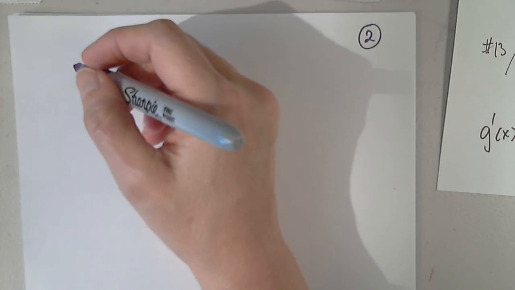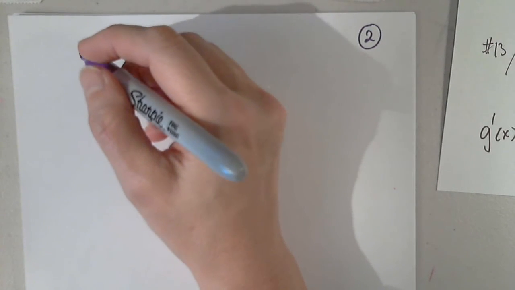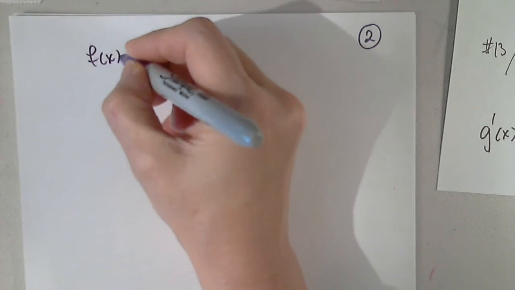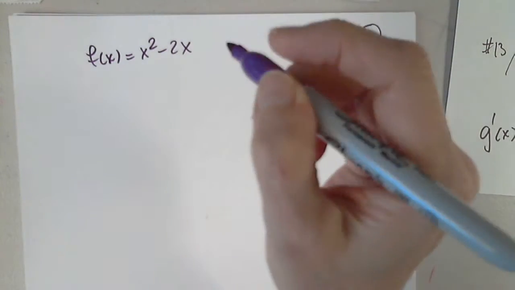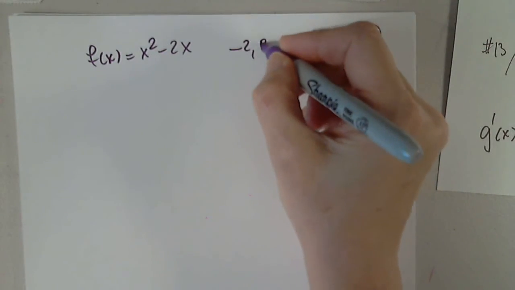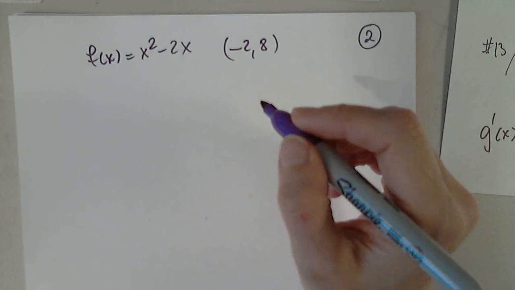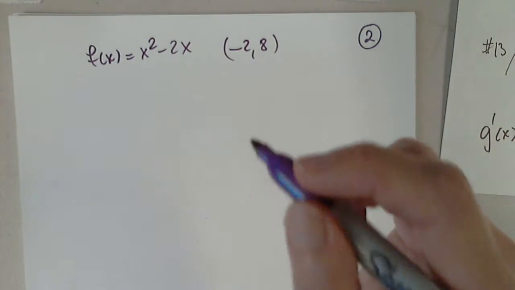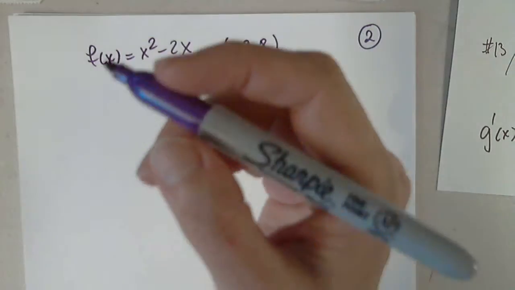Find an equation of the tangent line to the graph of f of x equals x squared minus 2x at the point negative 2 comma 8, and this is on page 135, and I selected, I think, problem 21.